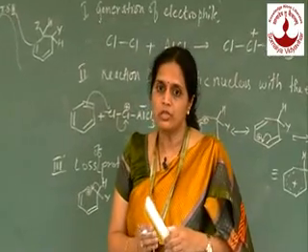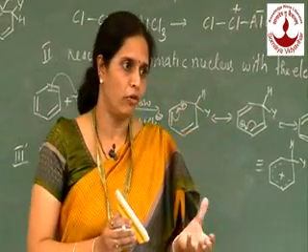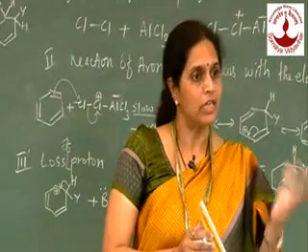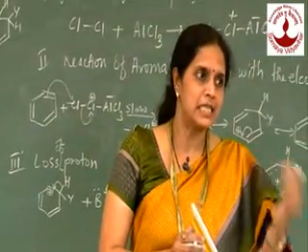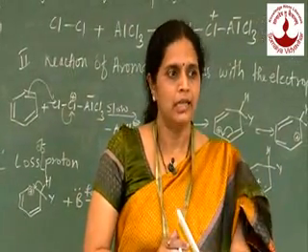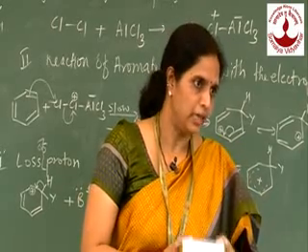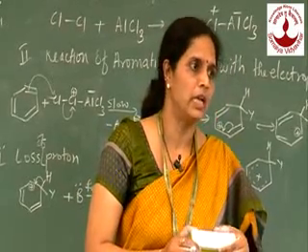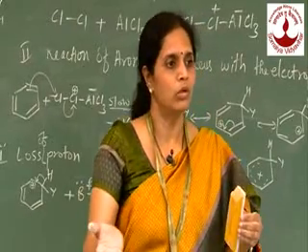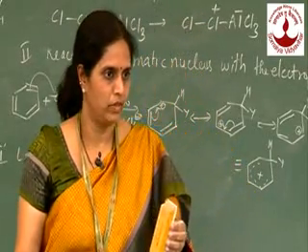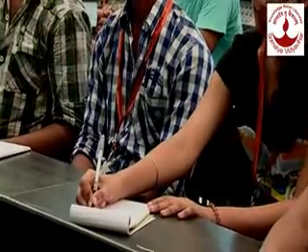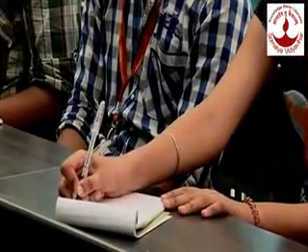We also use a mixture of sulfur trioxide and H2SO4. That means excess sulfur trioxide is added to concentrated sulfuric acid so as to convert it to oleum. This mixture of SO3 and H2SO4 is called oleum.